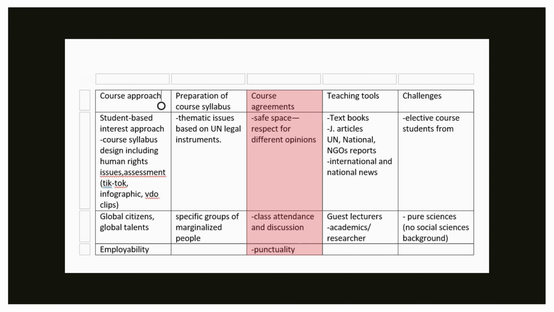And then class attendance and class discussions. I ask them to follow these, because it affects their grades if they miss class more than 3 times. But more important is discussion in class. We agree that everyone is supposed to say something that they want to share.